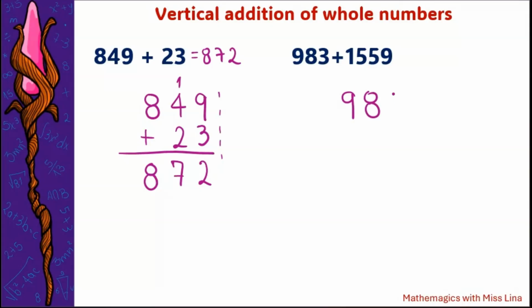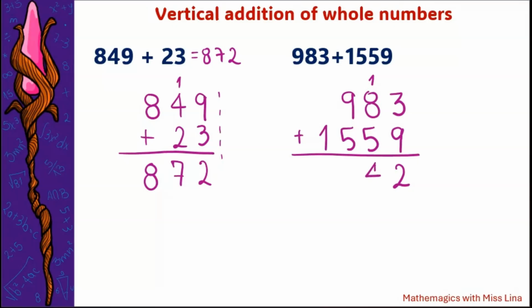983 and 1000. Notice that since you line up to the right, you need to put the 9 here, the 5 here, 5 here, and the 1 would be alone because it's the only 1000. 9 plus 3 is 12, so again you put the 2 and carry the 1. 1 plus 8 is 9, 9 plus 5 is 14.